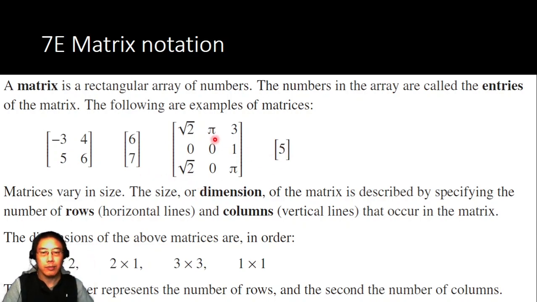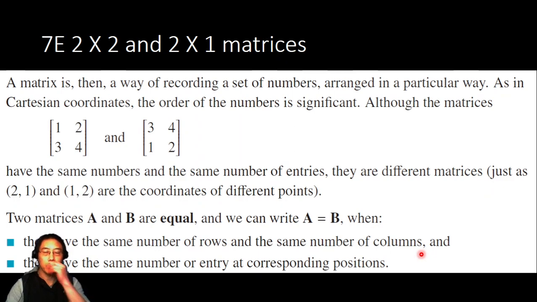And you have the other examples, and the last one is a 1 by 1 with only one entry. We will focus on the 2 by 2 and the 2 by 1 matrices, as we'll link them to the previous part of chapter 7, which are the transformations and the mapping equations.